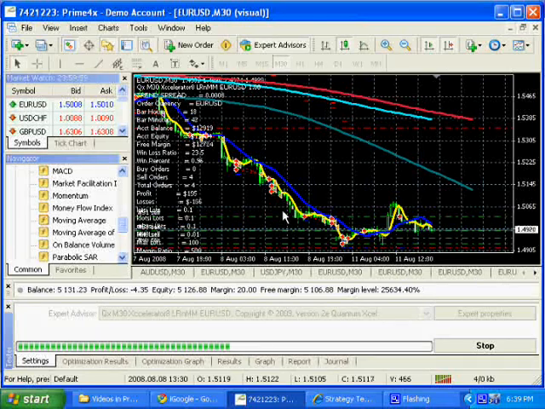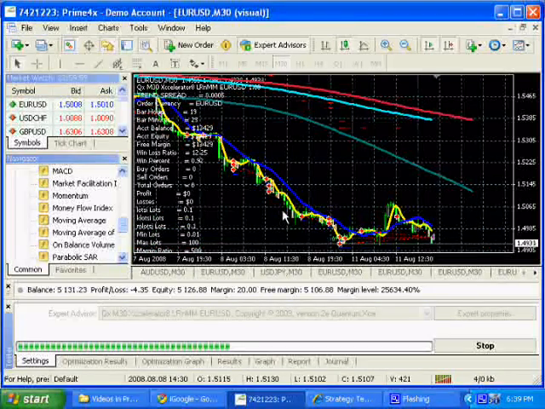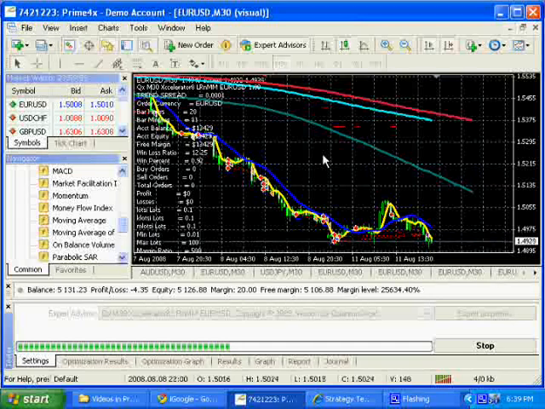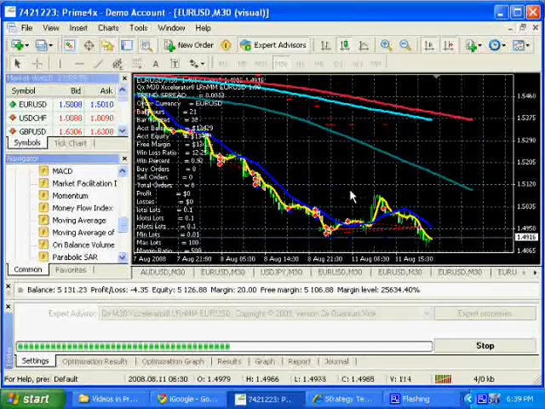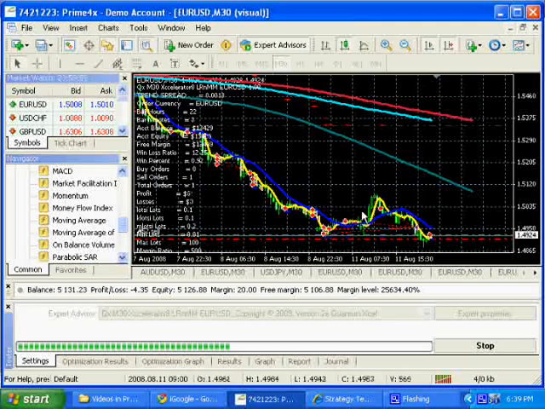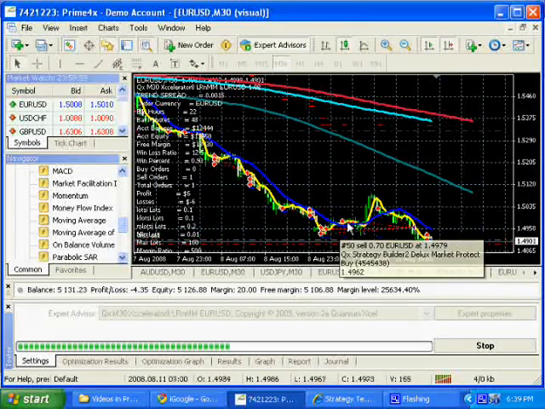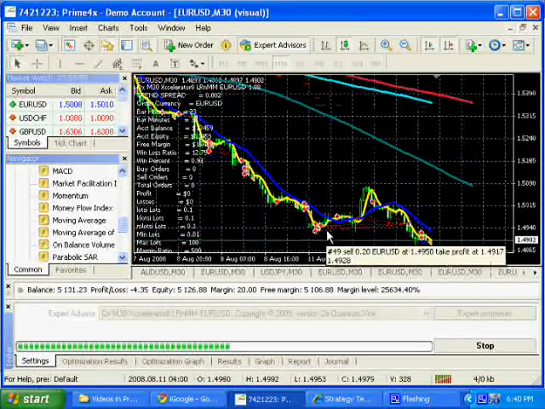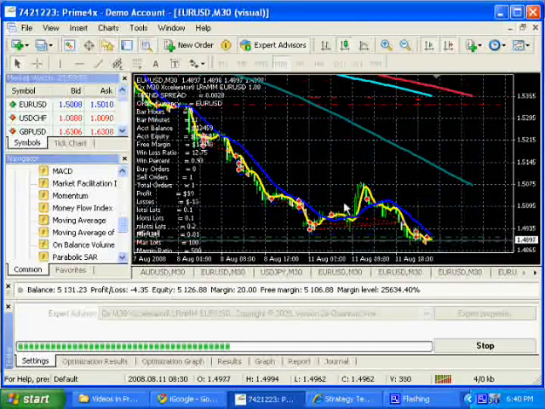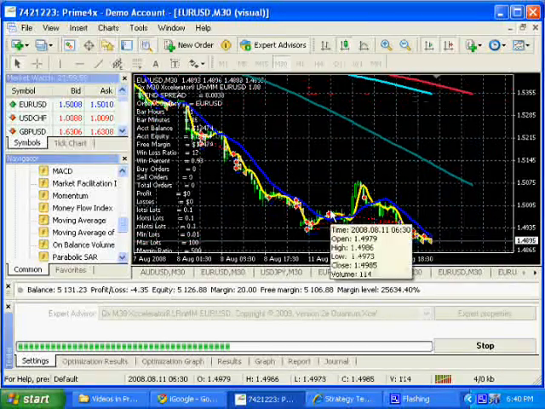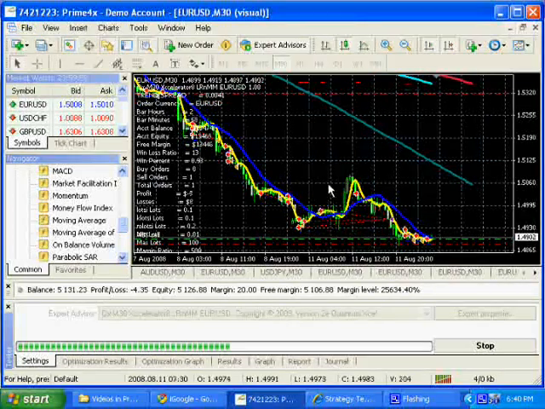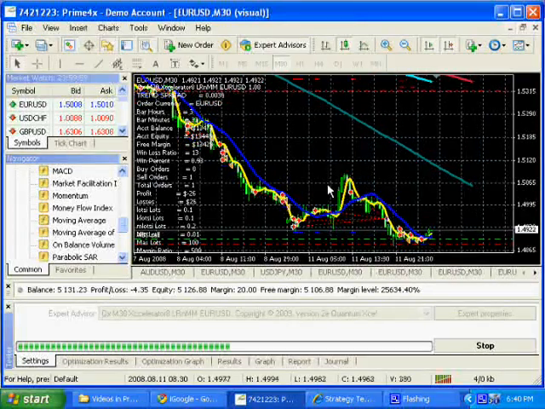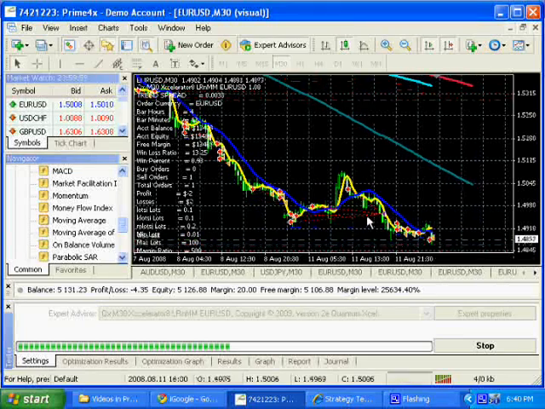We try to minimize the losses or any potential losses for trends by using this. This is a reverse hedge, commonly called a reverse hedge, where we add orders in the opposite direction. When the price moves against us, we start adding orders, and larger orders that will close out at a batch profit.